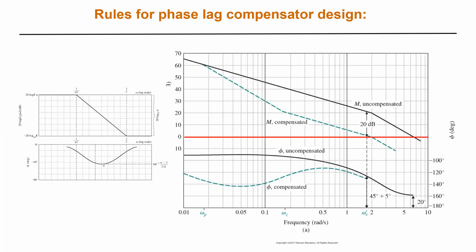Now look, what is the phase margin? The phase margin is 20. If I want to go to, let's say, a phase margin of 50, how much phase margin do I have to add?